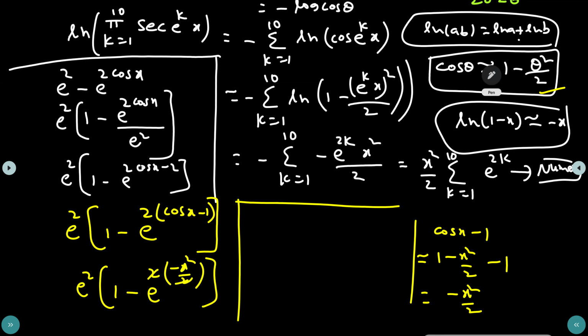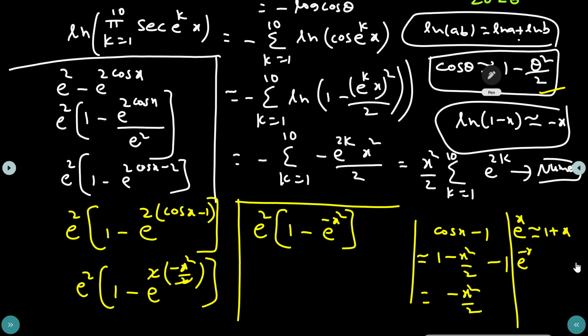Now what is this? E square of 1 minus e power minus x square. Once again, if you apply Taylor's expansion, e power x is approximately equal to 1 plus x. Similarly, e power minus x is approximately equal to 1 minus x. Now here, e square of 1 minus, in place of e power minus x square, you can take 1 minus x square.